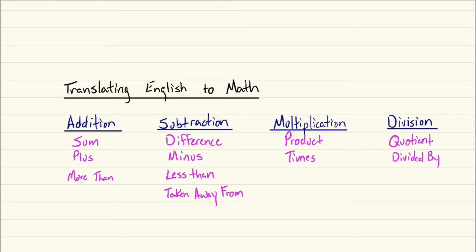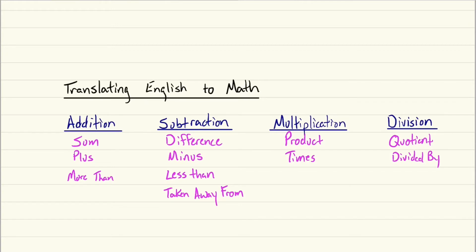Or you could say the difference between a number and 7. Different things like that. This chart here in this list lets us know which words go with which math operations.